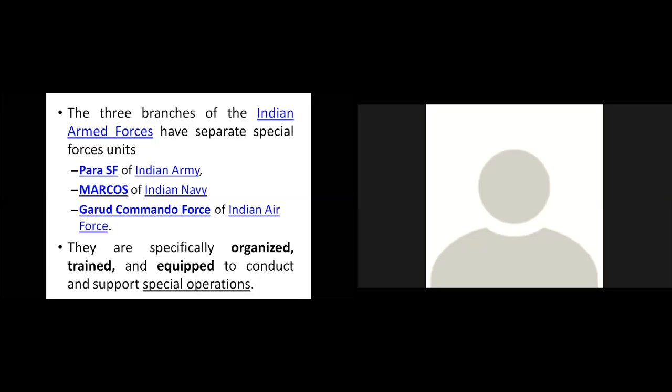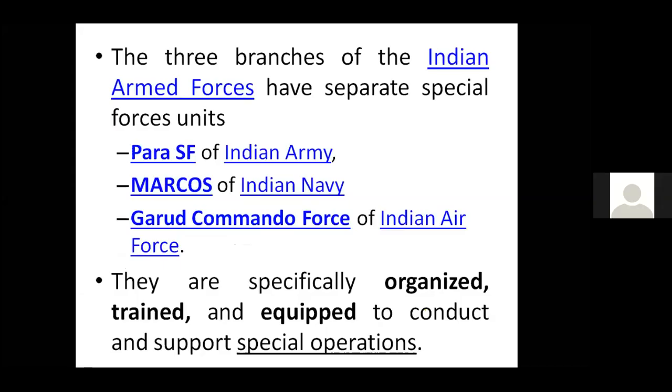For example, Force One. The commandos have been shortlisted and are being trained. Likewise, the Maharashtra Police have also established a Force One, right? They have created one organization from the point of view of specialized training.